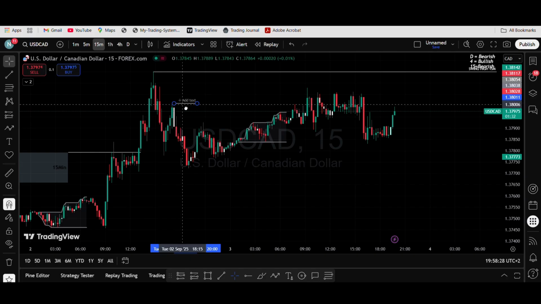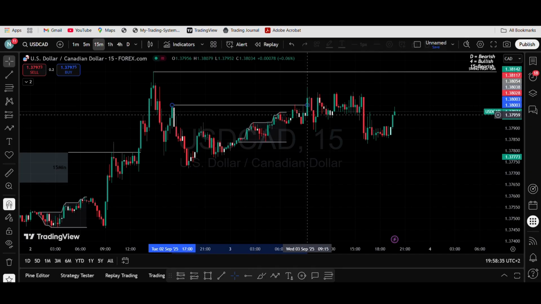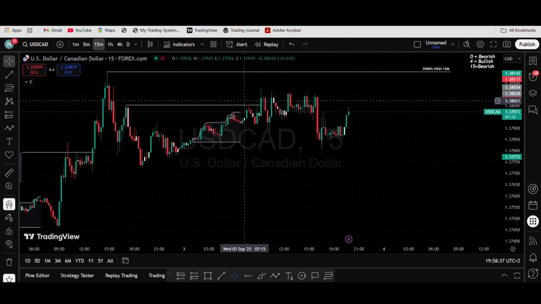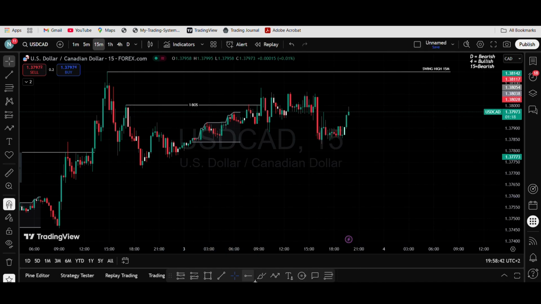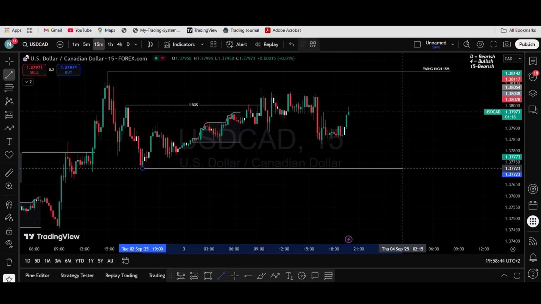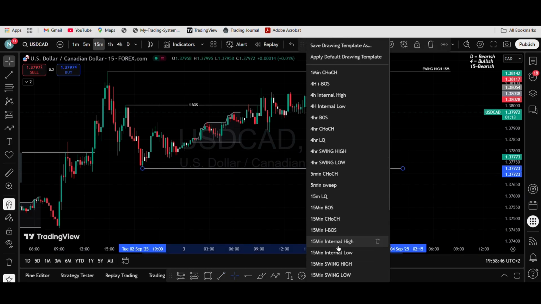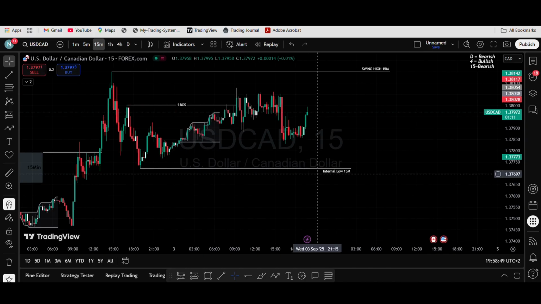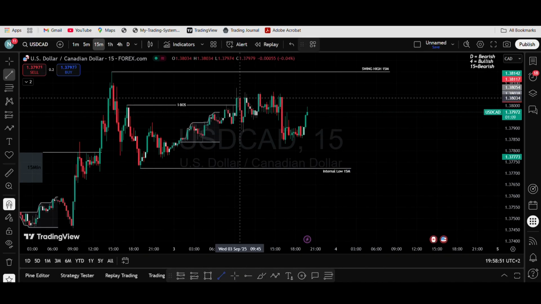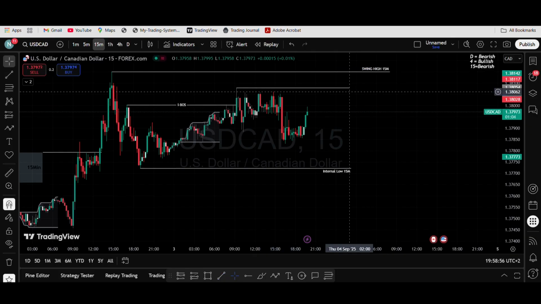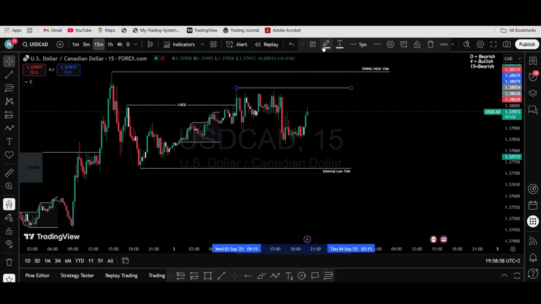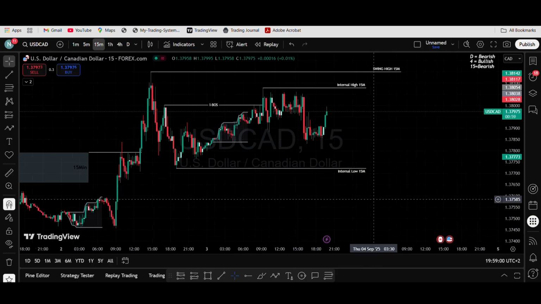Which would have meant the high is here, and then this would have been an internal break of this here, and then this is the internal low right there. 15-minute internal low. This can be defined as the internal high. 15-minute internal high.